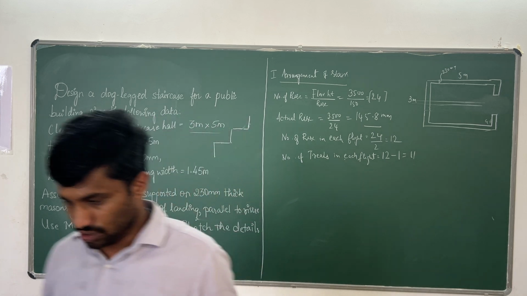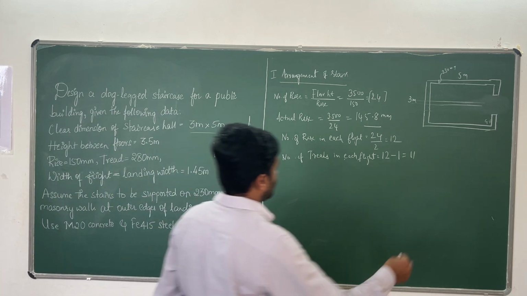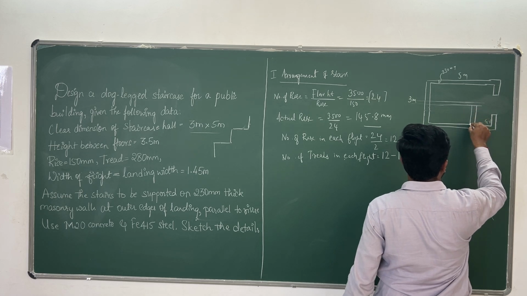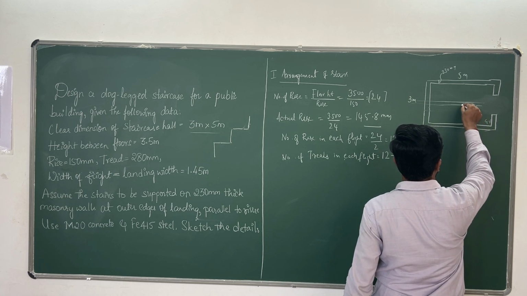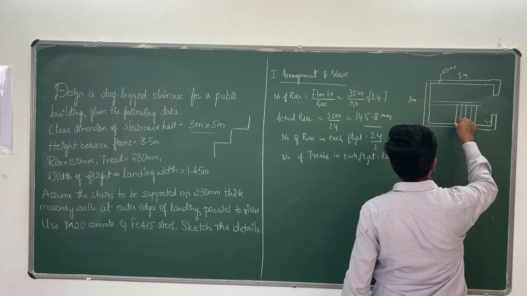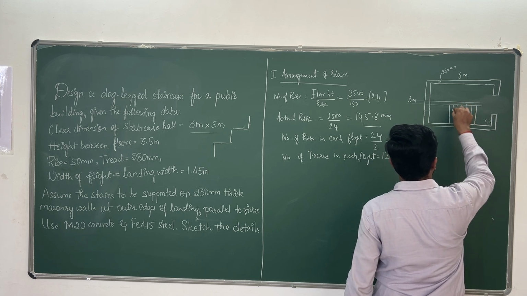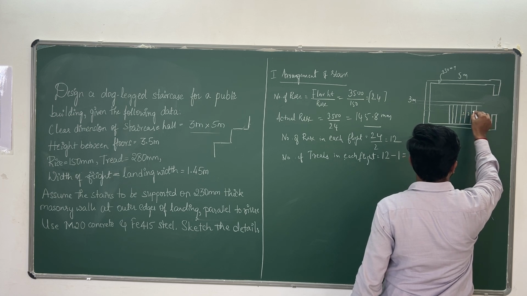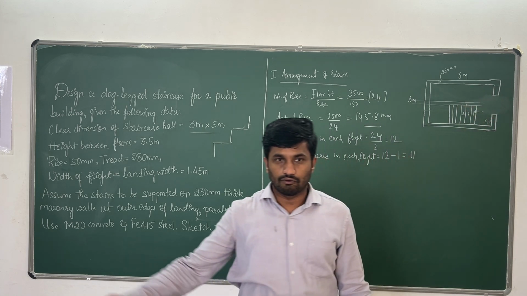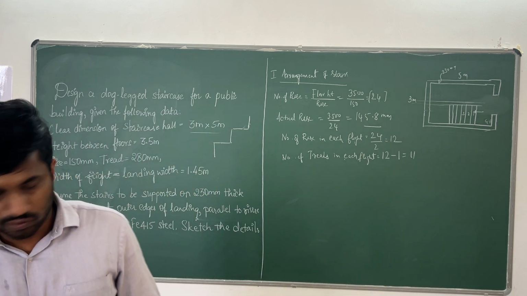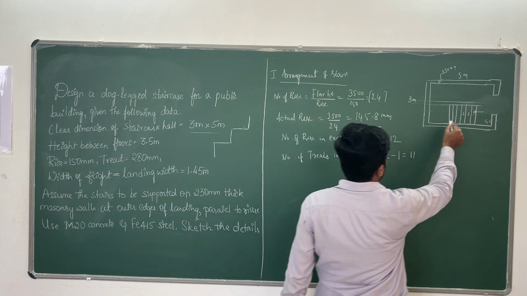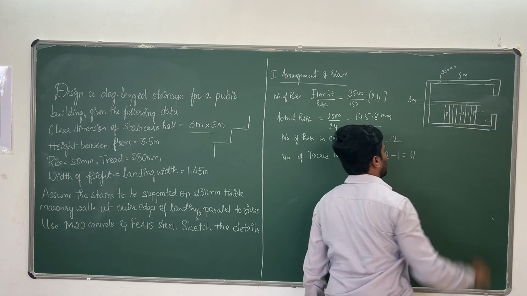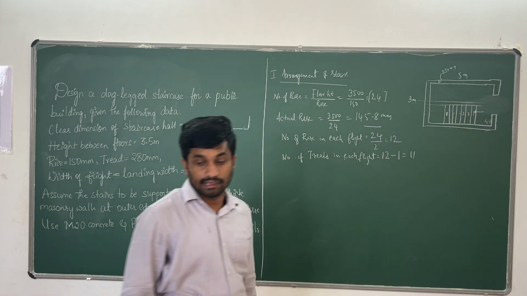You have to sketch in such a way that this is the direction from the ground floor. So up to this 3, 4, 5, 6, 7, 8, 9, 10. How many numbers? 11.